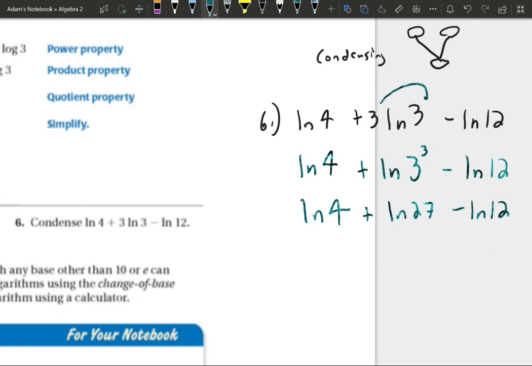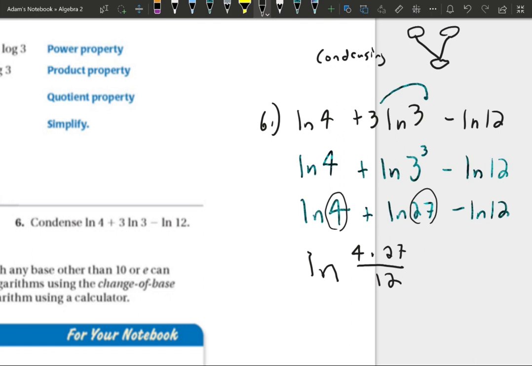Subtraction, rather, is going to be division. So that's going to give me ln of 4 times 27, and then minus is going to be division, divided by 12. So I'm going to write that: 4 times 27 divided by 12.